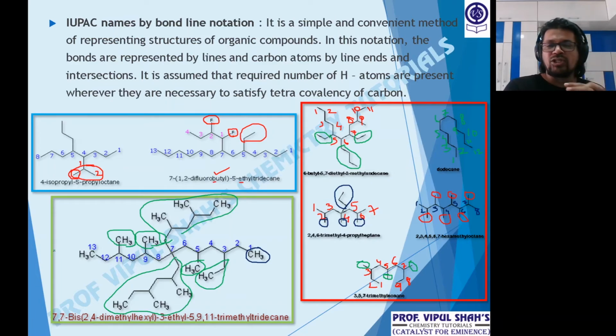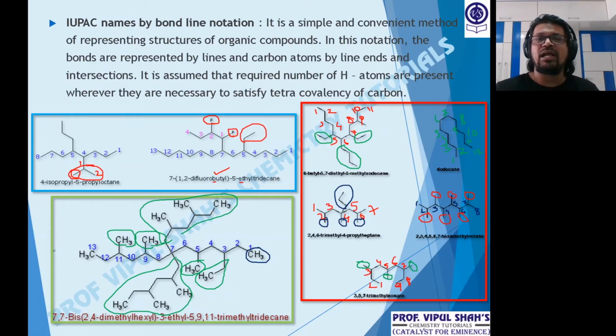Now a new nomenclature rule. If you have 2 branched groups, catch carefully. If you have 2 branched groups attached on the same carbon, then we use the nomenclature bis, B-I-S. Once again, methyl and ethyl are not branched, they are just single.